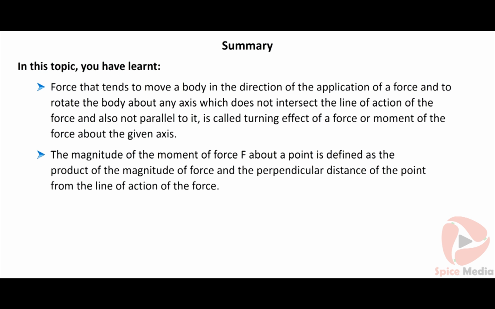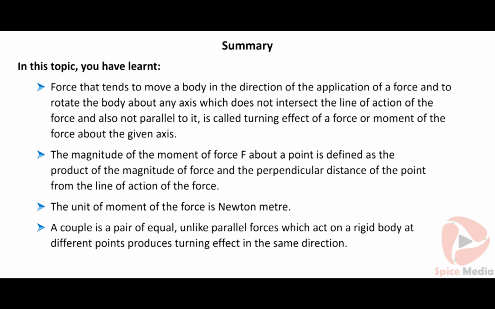The magnitude of the moment of force F about a point is defined as the product of the magnitude of force and the perpendicular distance of the point from the line of action of the force. The unit of moment of the force is Newton meter. A couple is a pair of equal, unlike parallel forces which act on a rigid body at different points and produce a turning effect in the same direction.